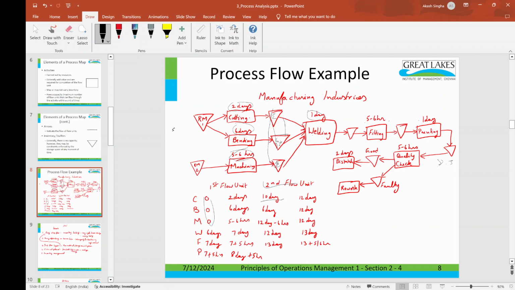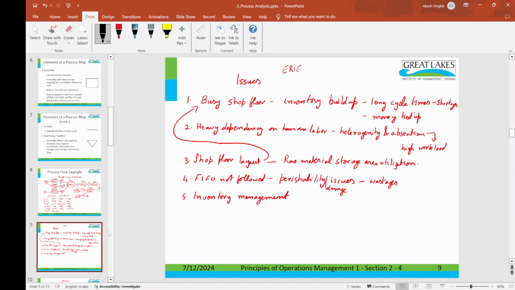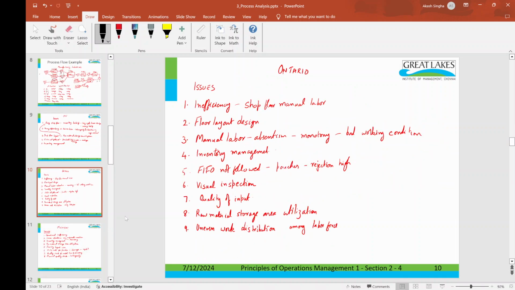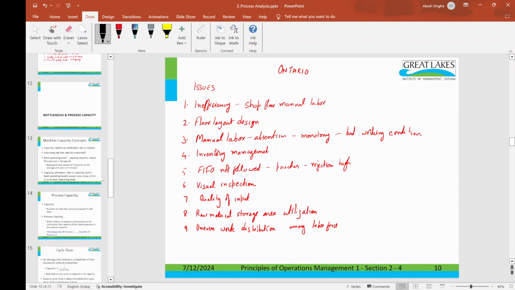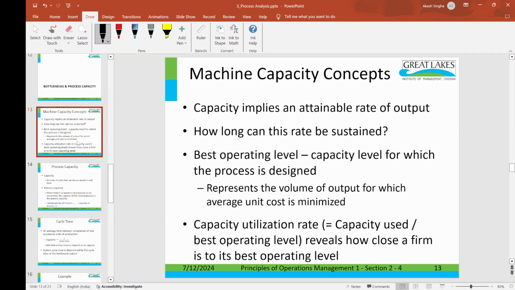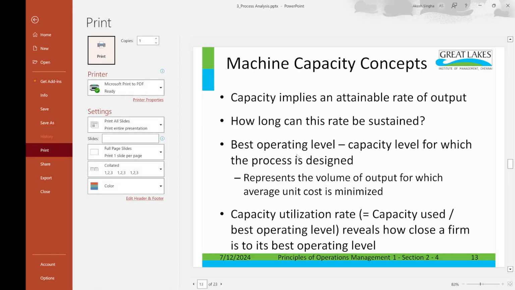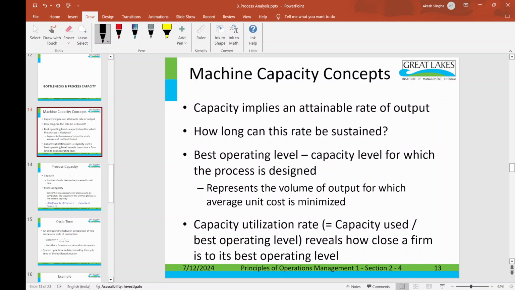Then, yeah, this was the ice cream case study. I don't think there was mathematics there. Machine capacity. Capacity implies an attainable rate of output. Sorry, one second.